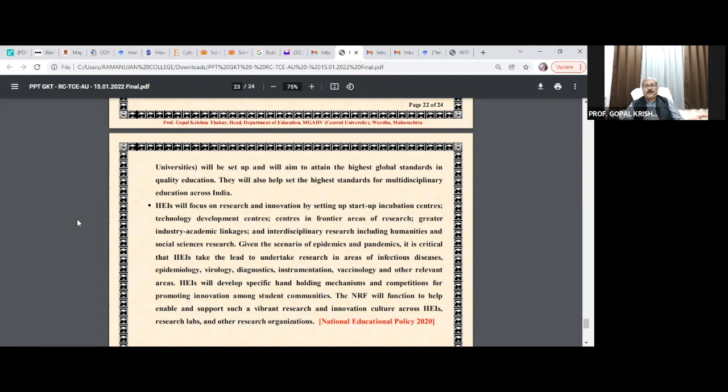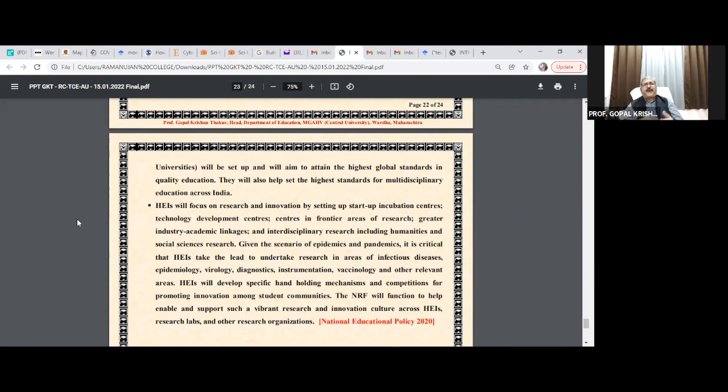So in new areas where humanity is threatened, we can do something for the welfare of humanity. It should be the duty of the higher education system to come up with solutions to the problems that mankind is facing. So all these things will be there.